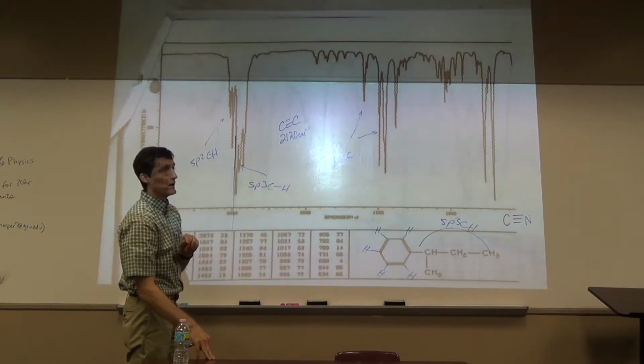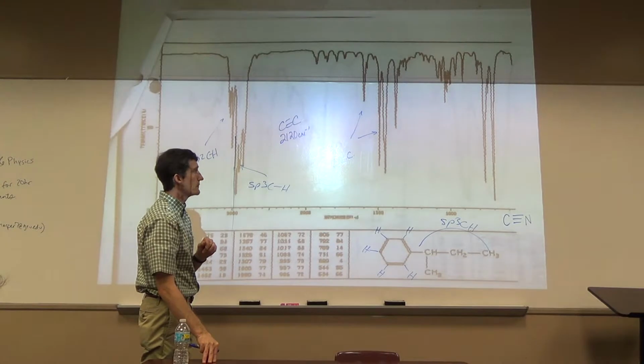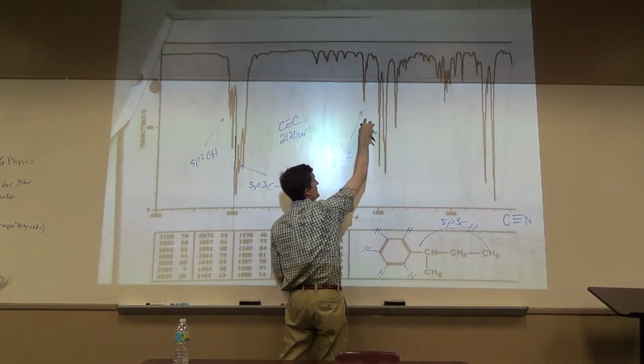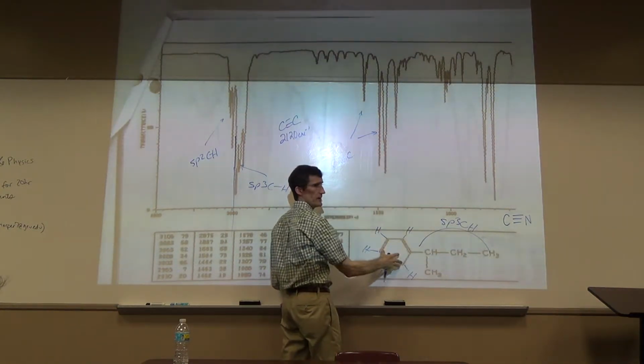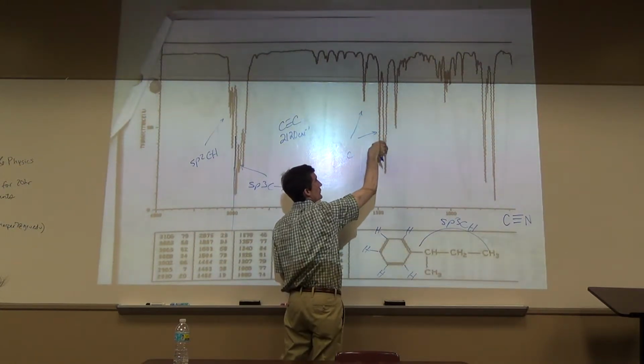Typically you get two or three peaks in this region when you have an aromatic. If you look back at a non-aromatic, you won't have two or three strong peaks here.